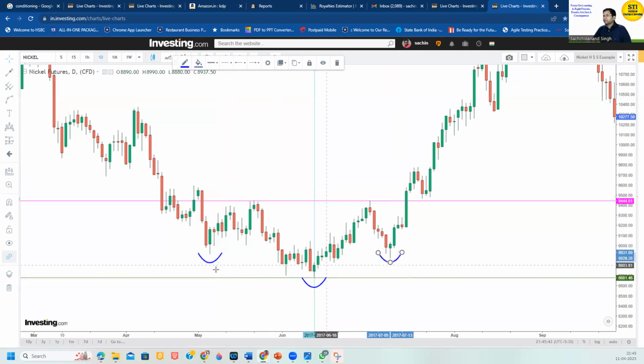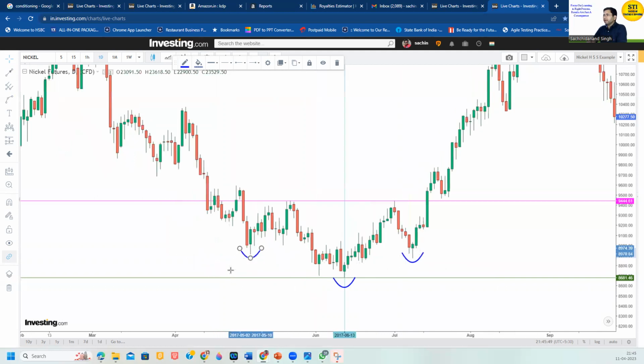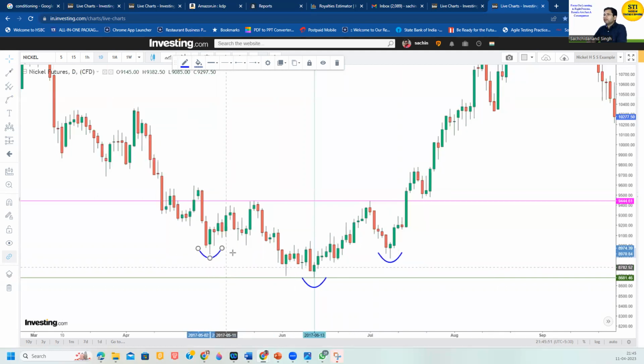Okay. So once you identify the left and right shoulder, the next point we need to identify is the neckline. To identify the neckline, it is just opposite to the head and shoulder, and we are discussing the inverted head and shoulder. So we need to find the two upper points, one from each shoulder.